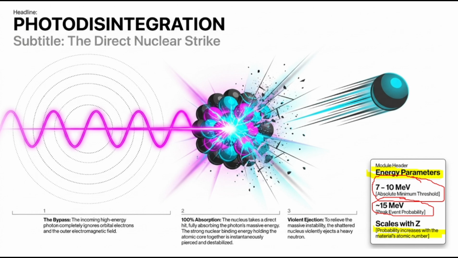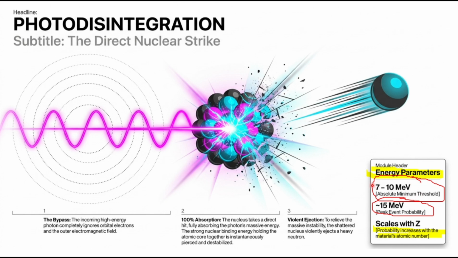Why is this absolutely important for your daily clinical practice? Think about using extreme high energy treatment beams. You might use 15 or 18 megavolts in your clinic. Some photons in such high energy beams easily exceed the 10 MeV threshold.